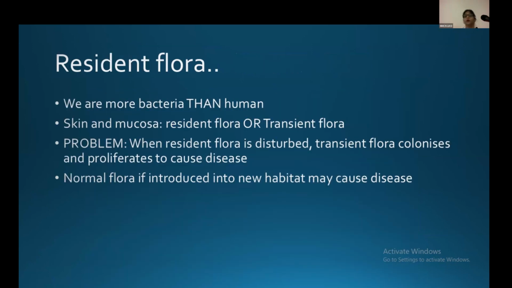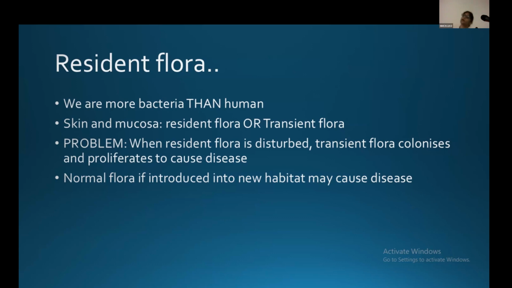Coming on to the group called resident flora, trillions of bacteria have evolved with and stayed within the system of the human body. So we are more bacteria than humans. This resident flora is the permanent resident of our skin and mucosal surfaces. It is not easy to wash off, and even if it is scrubbed off, it re-establishes itself very easily. What is the purpose of resident flora? Anyone?